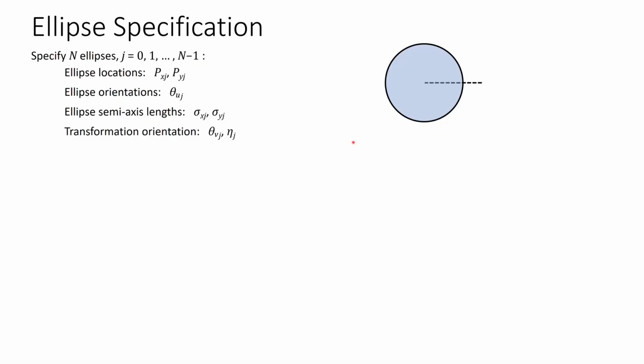To specify ellipses in the plane, let's consider the rotation of a coordinate frame. Or perhaps we can consider the reflection of a coordinate frame. Both cases apply, but let's just stick with the rotation for now.